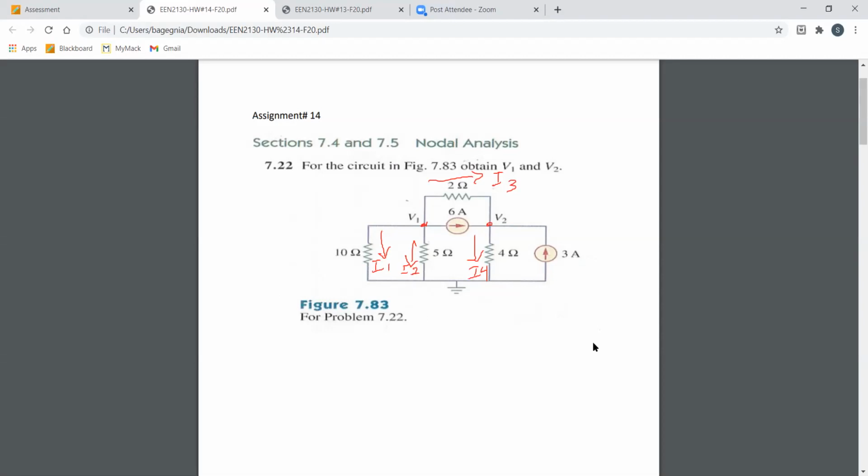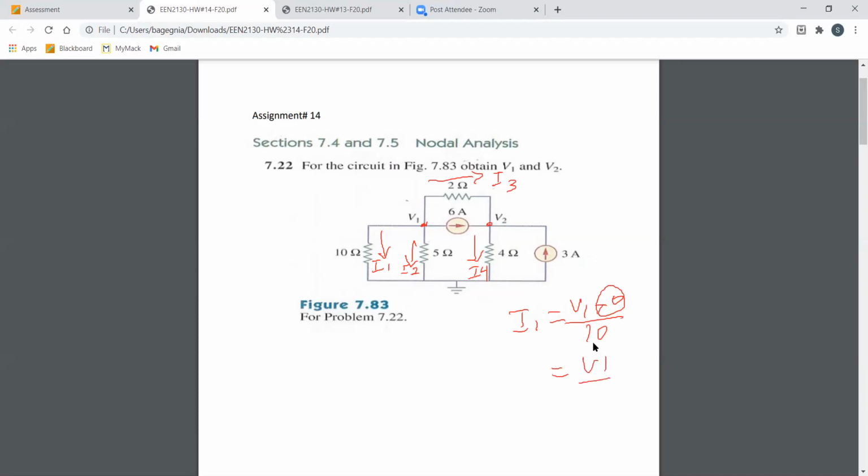But the reason for assuming the current going from top to bottom is, when you apply the KCL and then you apply Ohm's law, in this case, I1 would be V1 minus 0 over 10. So assume that you forget about the 0, so it's fine.